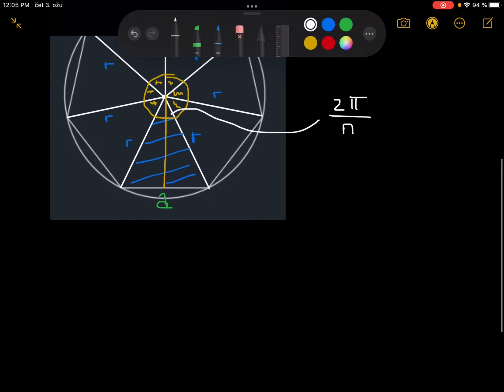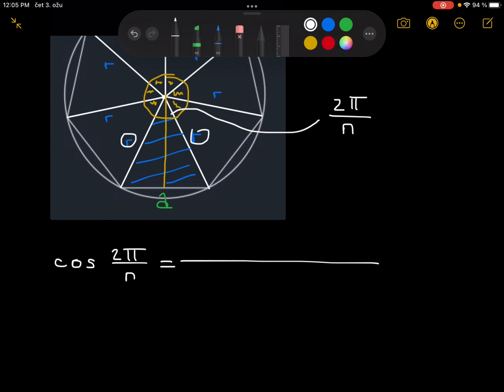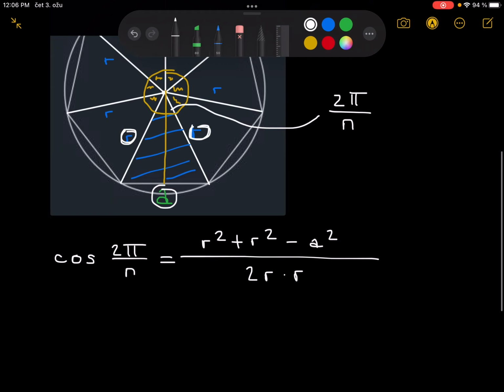So the cosine of 2 pi over n must be equal to this side squared plus this side squared minus this side squared. So that's going to be r squared plus r squared minus a squared, and everything over 2 times this side times this side, which is going to be 2 times r times r.